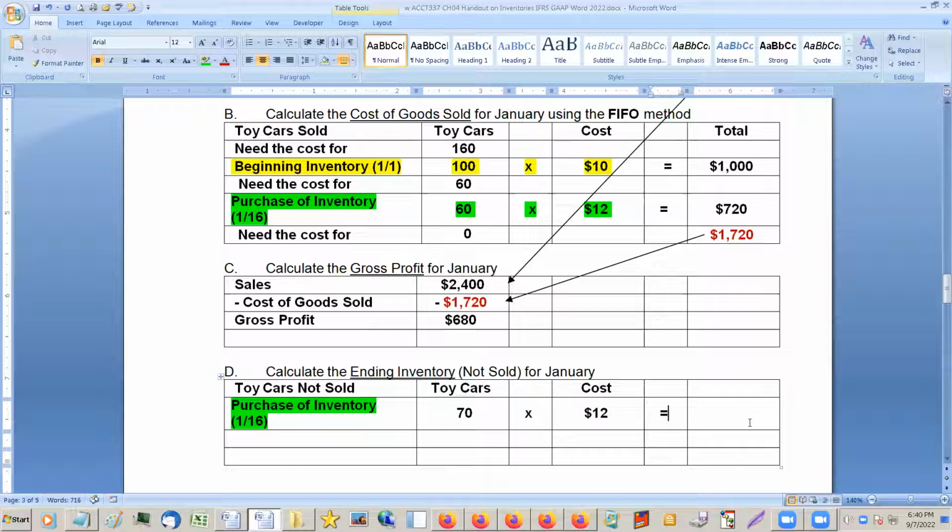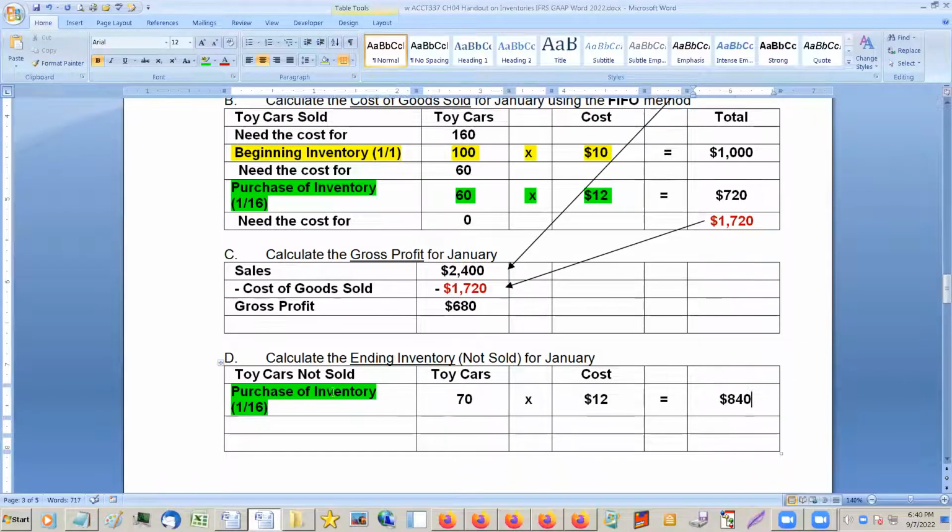And what is it? 840. So the ending inventory, which is just not sold, basically, would be $840.